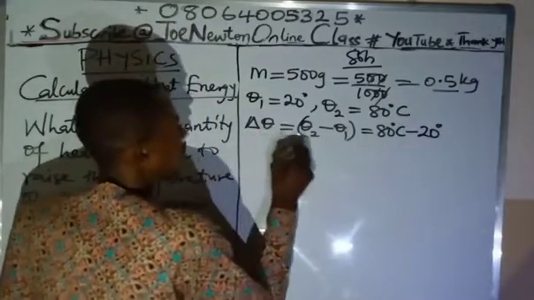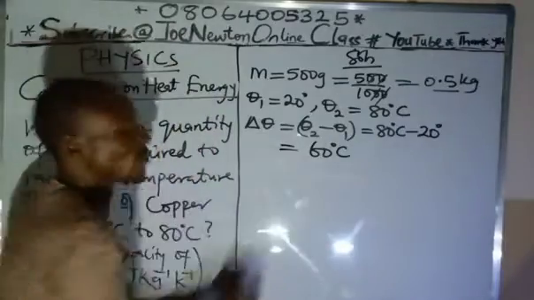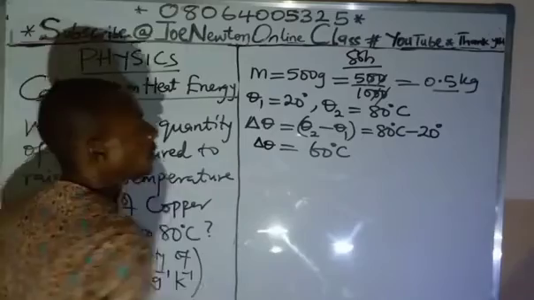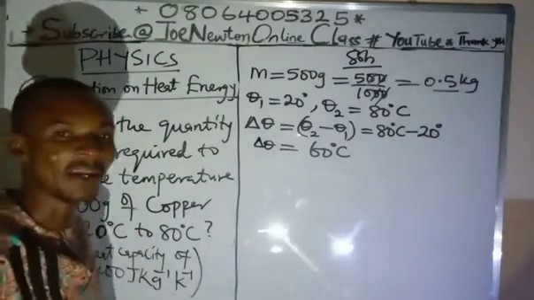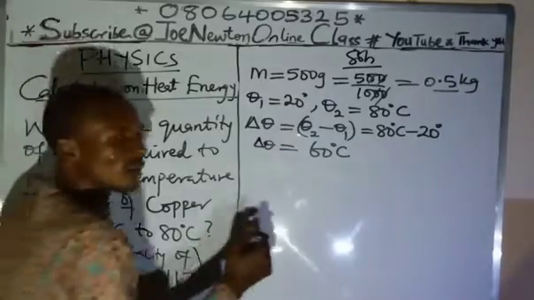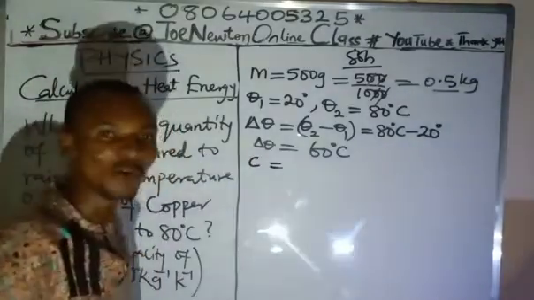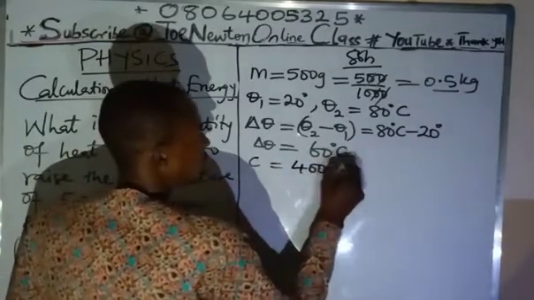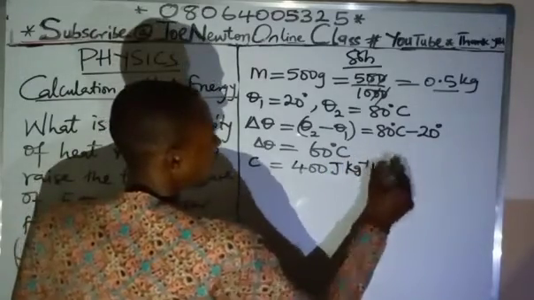And that will give us 60 degrees Celsius. So this is the temperature rise in that experiment, that's our delta theta. Then we are given that the specific heat capacity of that copper is 400 joule per kilogram per Kelvin. We call it small c, which is the conventional symbol we use, is equal to 400 joule per kilogram per Kelvin.